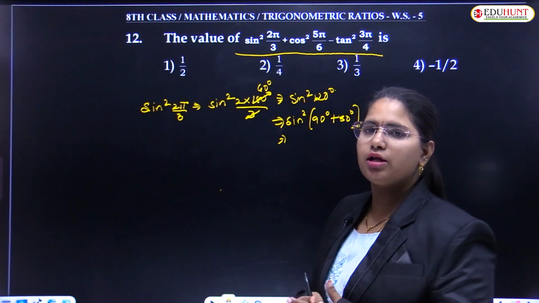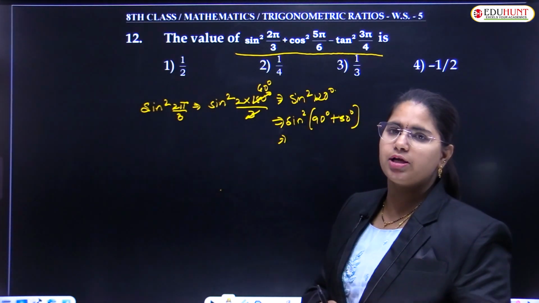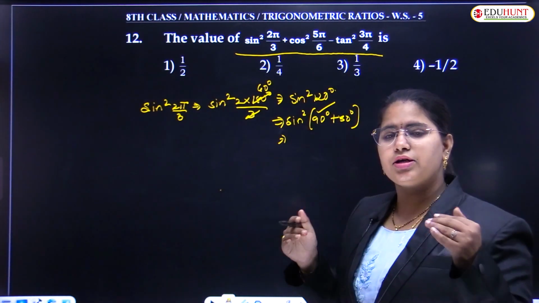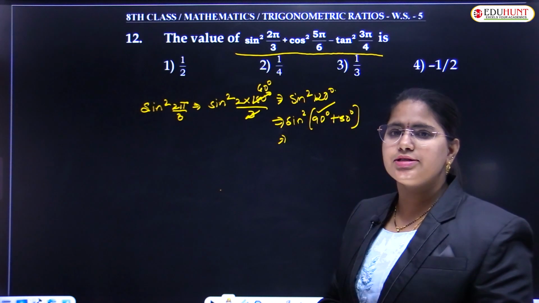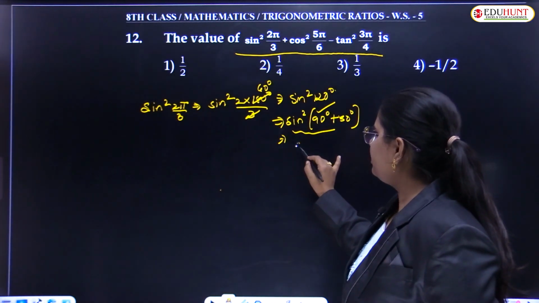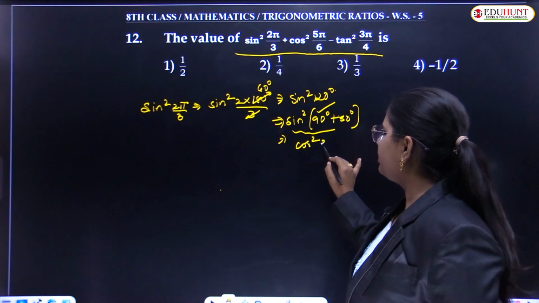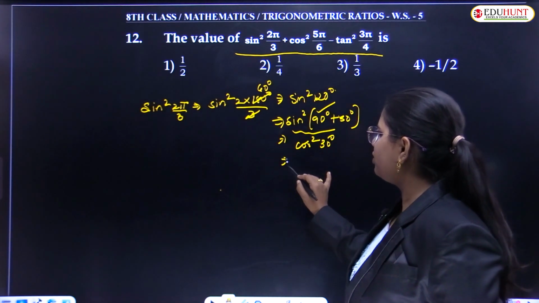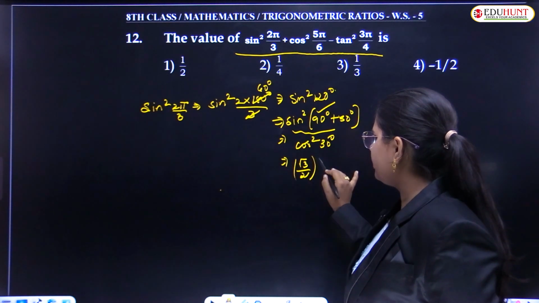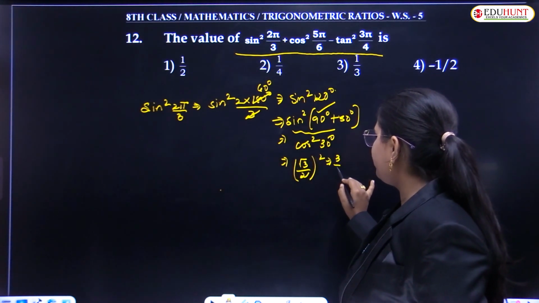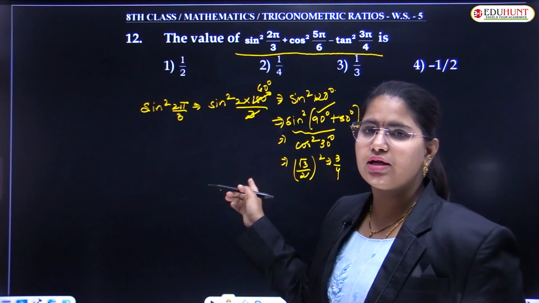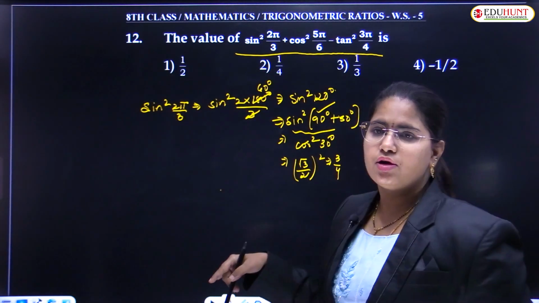In the second quadrant, sin becomes cos, because 90 is an odd multiple, so the trigonometric function changes. So sin becomes cos square 30. What is the value of cos 30? Root 3 by 2 whole square. So the value is 3 by 4, because the square of root 3 is 3 and the square of root 2 is 4.